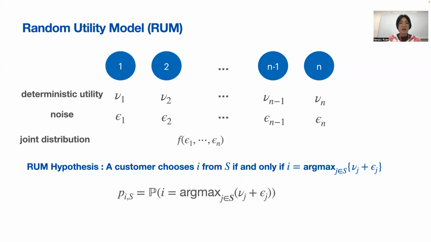Since epsilon cannot be observed, it is assumed to be random with a joint distribution F. The key assumption in the random utility model is that each customer picks the product with the highest utility. Then the choice probability of product i in assortment S is the probability for the utility of product i to be greater than that of any other product in the assortment.